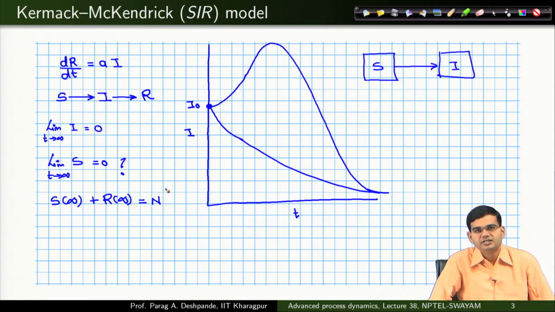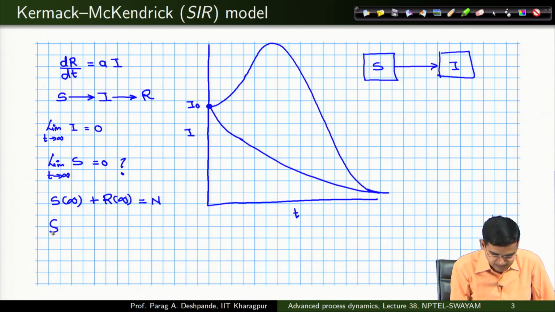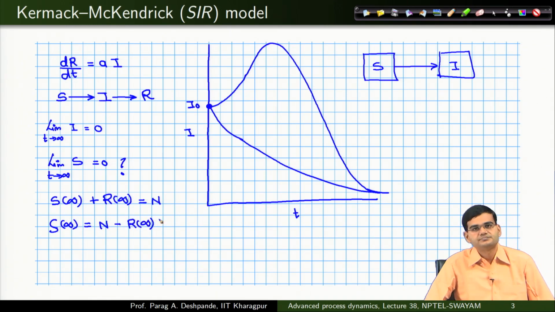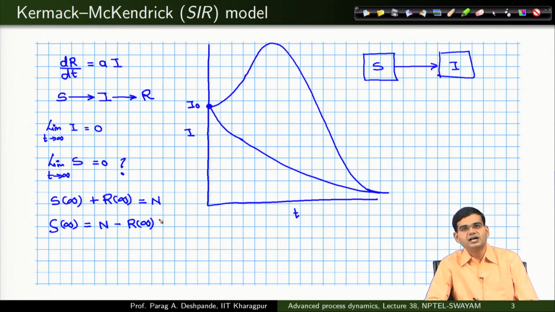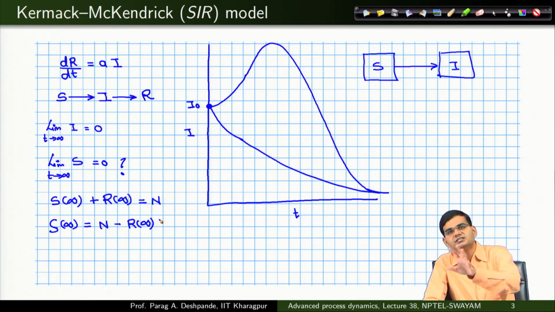S at infinity plus R at infinity is equal to the total population n, or in other words, S infinity is equal to n minus R at infinity. Okay. So, therefore, if you know R at infinity, then you can simply subtract R infinity from n, and that will give you the population S infinity, which means the susceptible population at infinity. In other words, this is the population which has not contracted the disease.